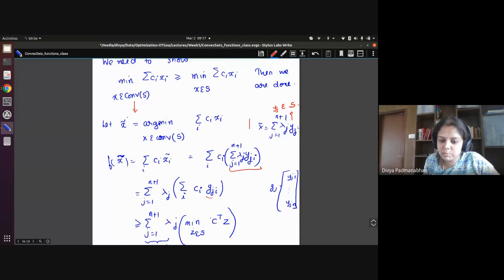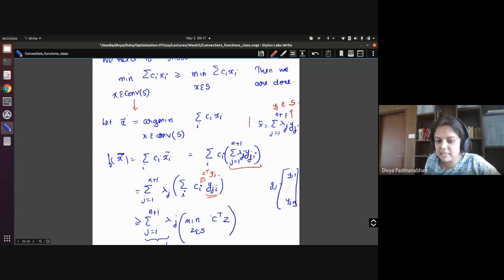For each of these points y_j, if you take c transpose y_j, then, because y_j belongs to S, a lower bound for this is the minimum value of c transpose z where z belongs to this set S. So that's why this is true.